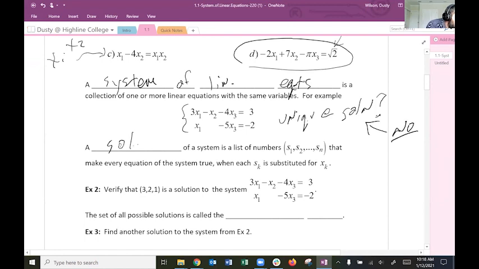So a solution of a system is a list of numbers that makes every equation of the system true. If we wanted to verify that 3, 2, 1 is a solution to the system, we would put 3 in for our x1, 2 in for our x2, 1 in for our x3, and see what happens.